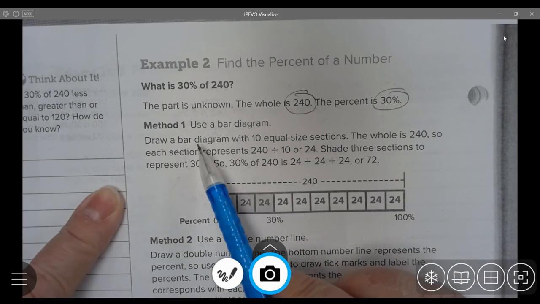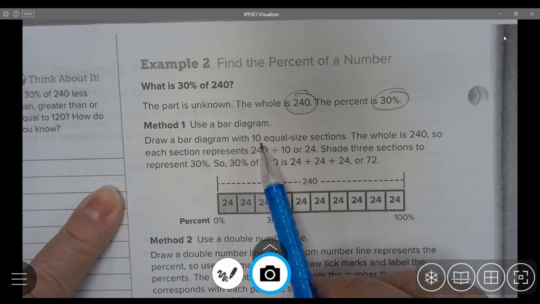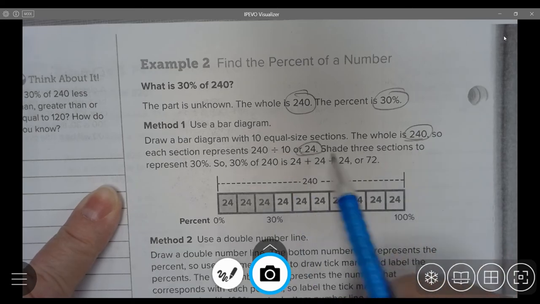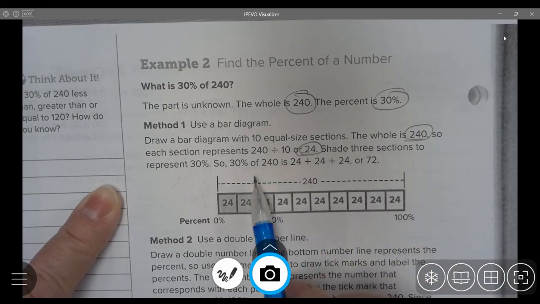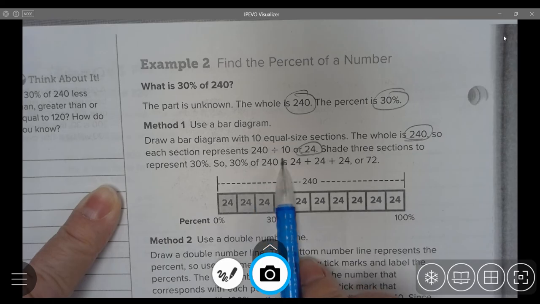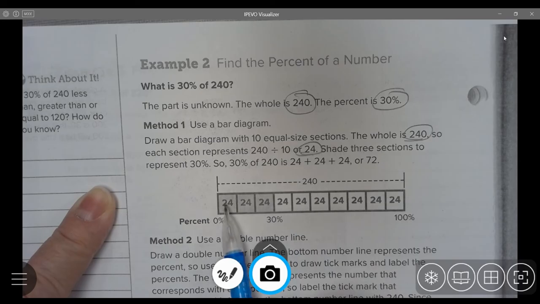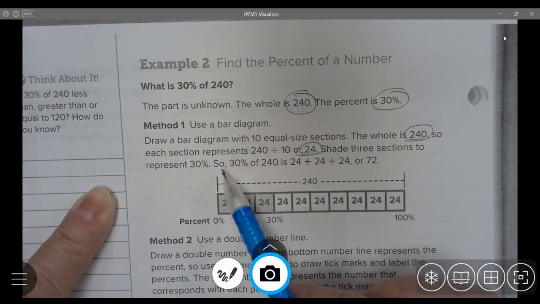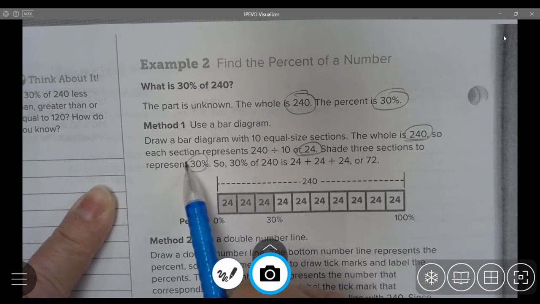This is one method. So you would draw the bar diagram into 10 equal sections. The whole is 240. So each section would represent 24, because we would take the 240 whole and divide it into the 10 sections. Each unit is worth 24. Shade 3 sections to represent 30%.